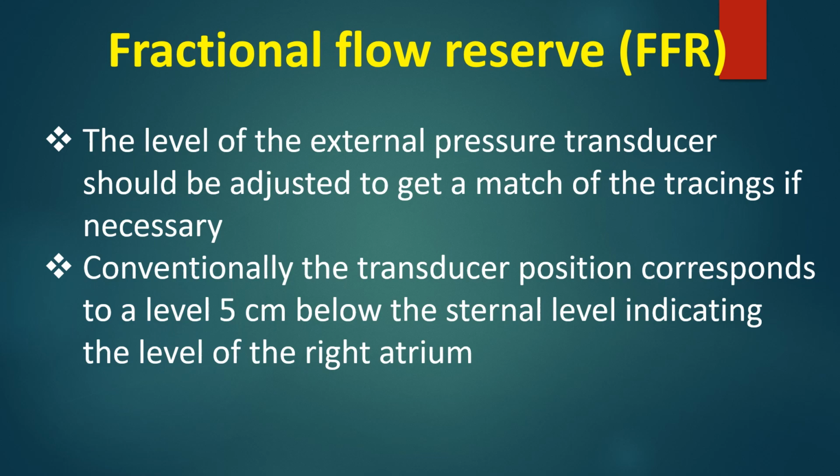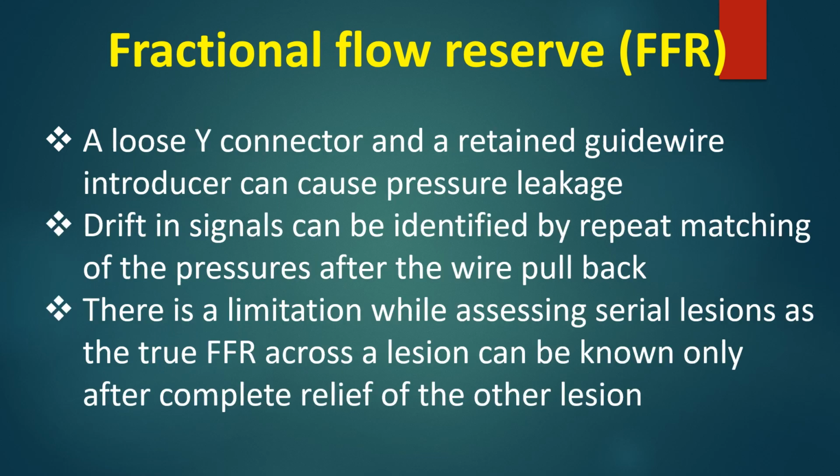Conventionally, the transducer position corresponds to a level 5 cm below the sternal level, indicating the level of the right atrium. A loose Y connector and a retained guide wire introducer can cause pressure leakage. Drift in signals can be identified by repeat matching of the pressures after the wire pullback.